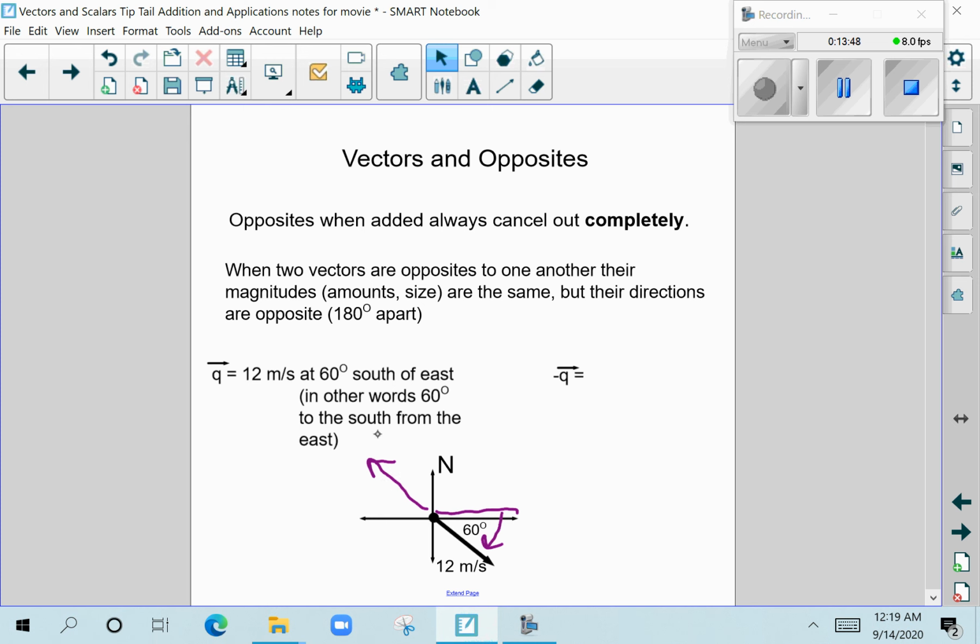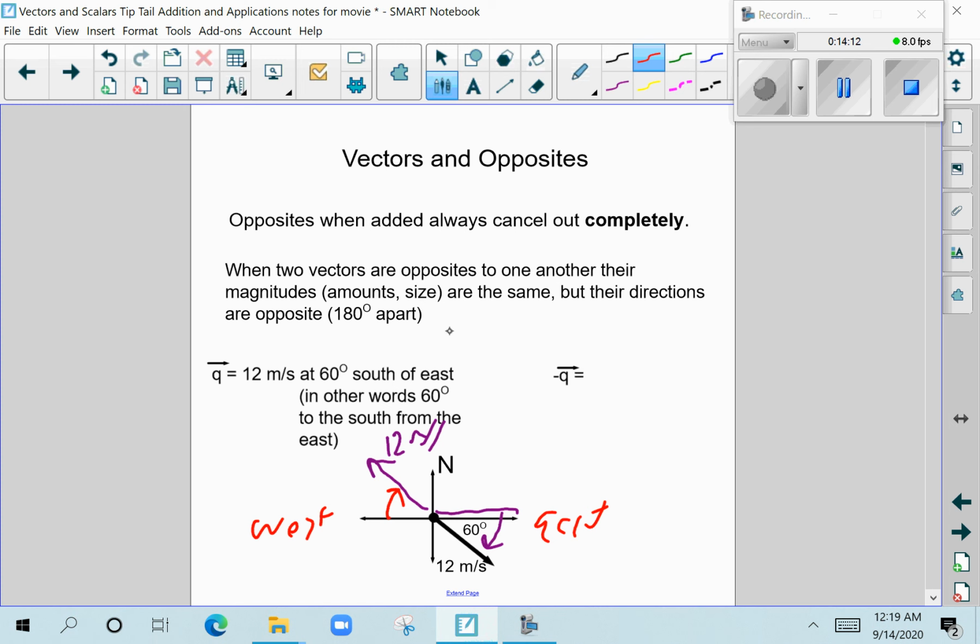So this would have to be then 12 meters per second, and it would actually have to be 60 degrees from this axis. Well, this is my west direction, if this was east, and this is in the north direction.